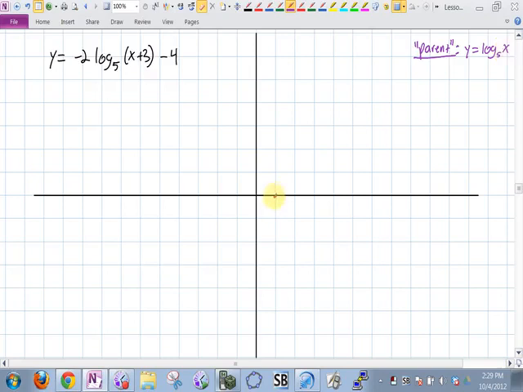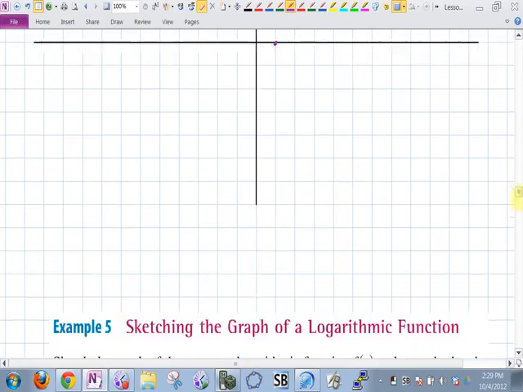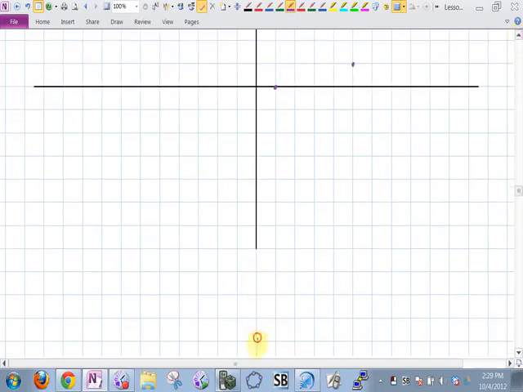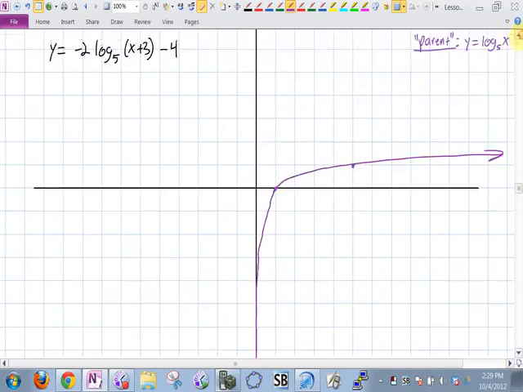Goes through the point 1, 0, goes through the point 5, 1. Vertical asymptote along the negative y-axis. So you get a graph that looks something like that.